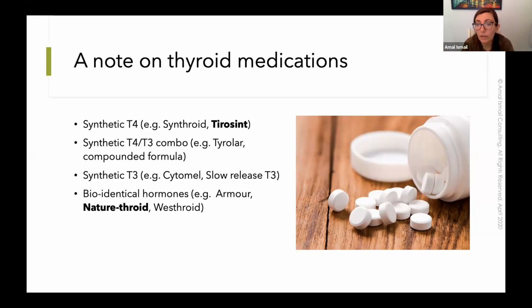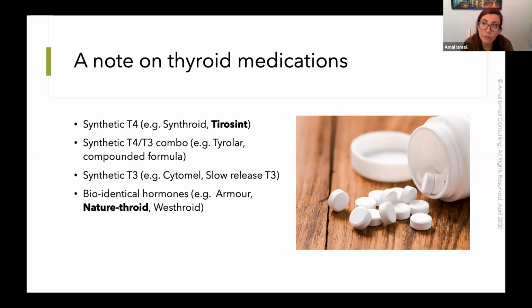But there's also the desiccated form of thyroid, which is made from pigs, and this is called bioidentical hormones. They mimic and act as closely as possible to our hormones, and these are the different brands that are available. The ones that are highlighted are those that are known to be gluten-free.